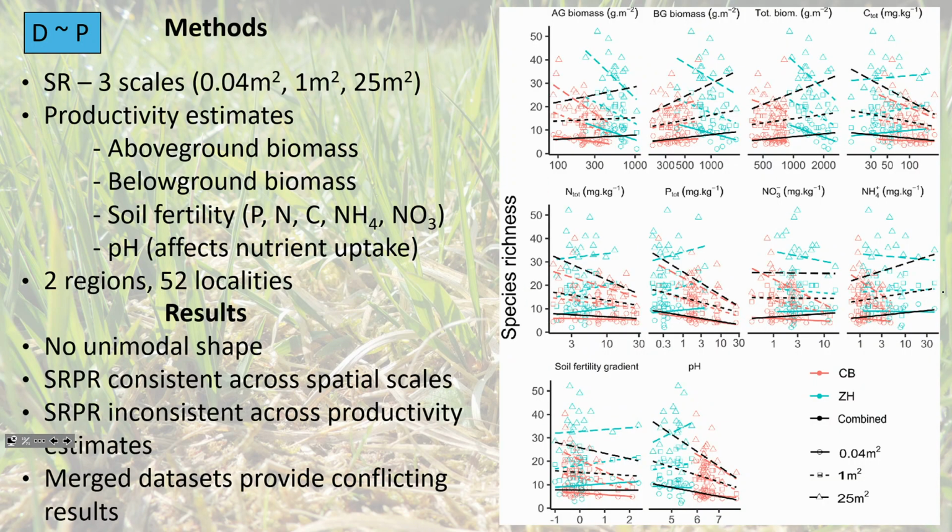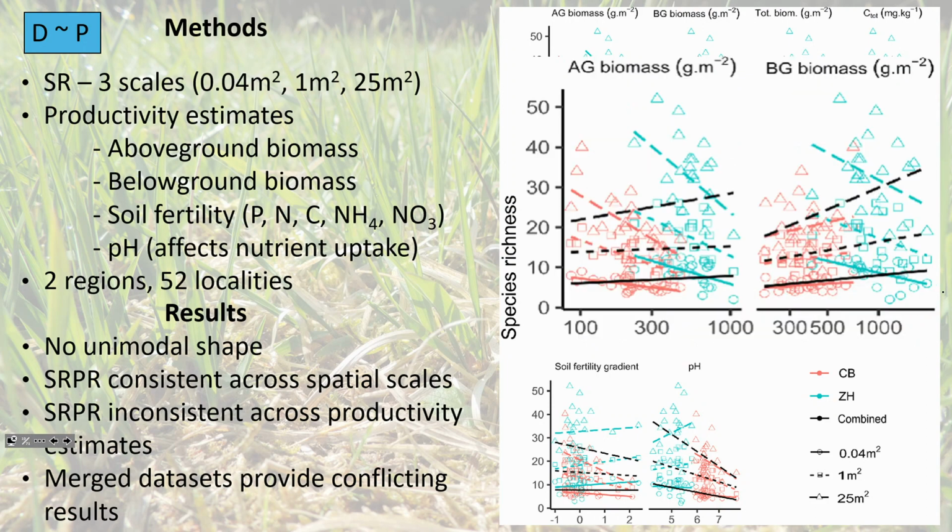And what did we find? Please don't try to go into detail. What's important is that each graph is a different estimate or productivity measure. Different colors are different regions. Red is České Budějovice, blue or green is Železné Hory, and in black it's combining these 2 data sets.